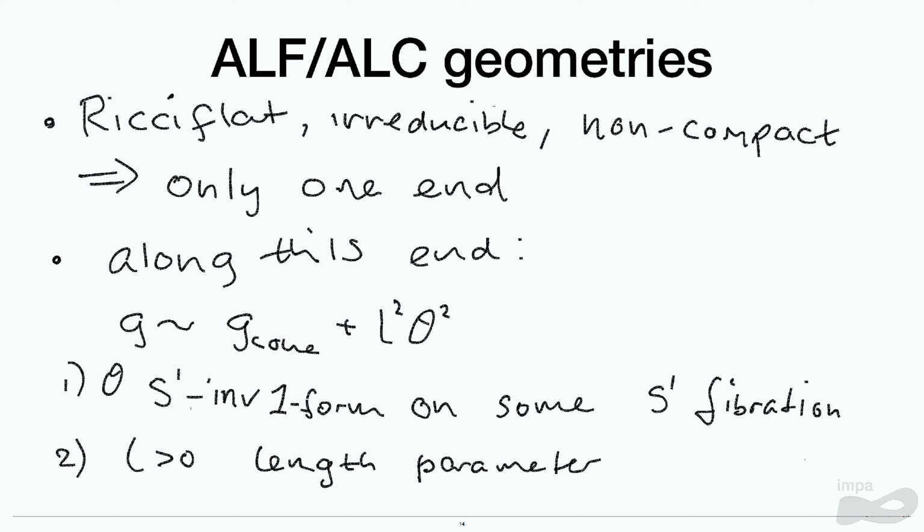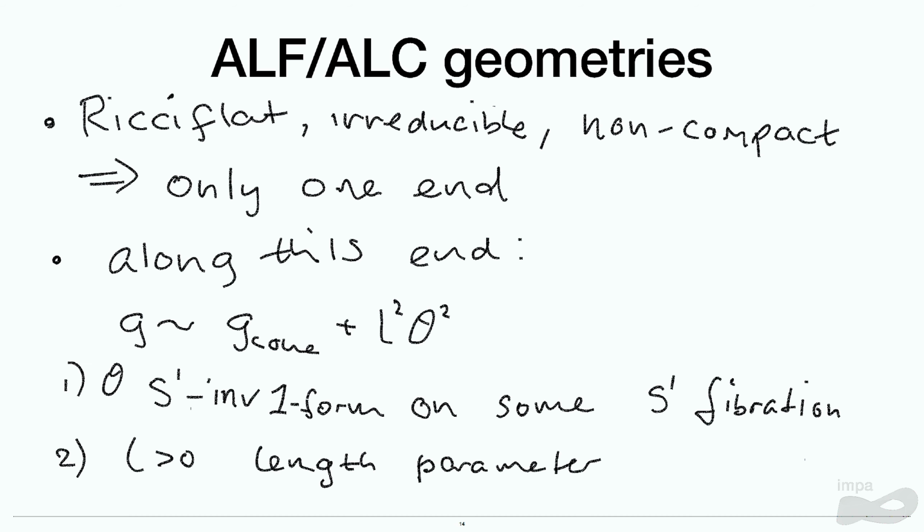Along this end, the metric converges to the following: it looks like the sum of a metric on a Ricci-flat cone of one dimension lower, plus an S1 bundle over this Ricci-flat cone, with an S1-invariant one-form and a connection form on this S1 bundle, and then some length of this S1 fiber that I can play with. In the three-dimensional case, this Ricci-flat cone is usually just R3, maybe minus some points.